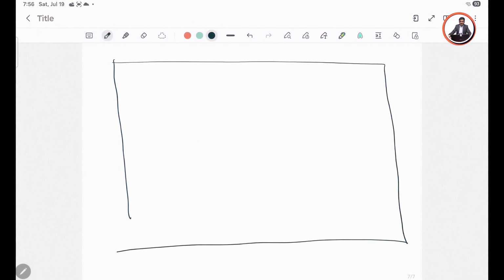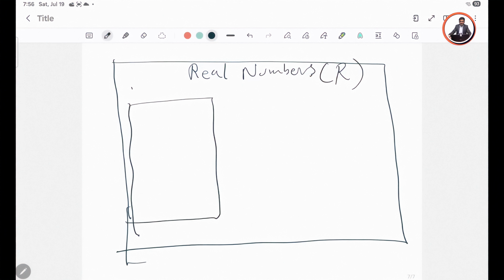Okay, let me summarize what we learned over here. So we have all the numbers, we call them real numbers. And then we have here rational numbers.